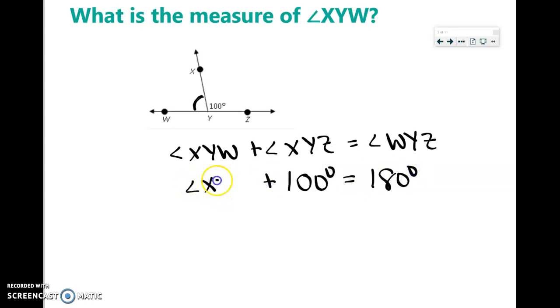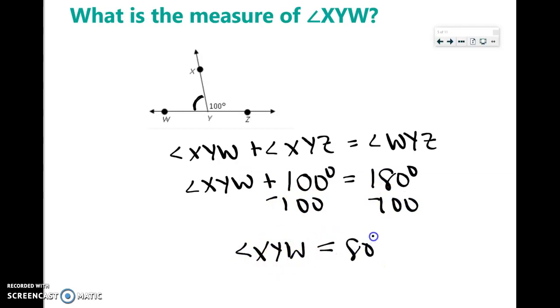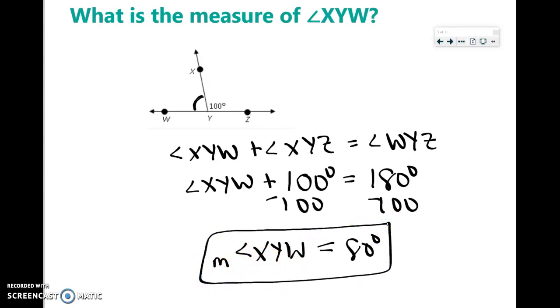So the measure of angle XYW, subtracting 100 on both sides, is 80 degrees. And in some books you'll see a little m here which represents the measure. So the measure of angle XYW is 80 degrees.